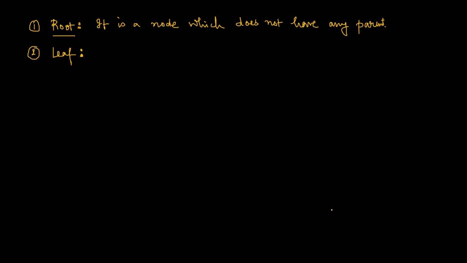So by definition, you can say leaf nodes are the nodes which do not have any child. Those are called leaf nodes.